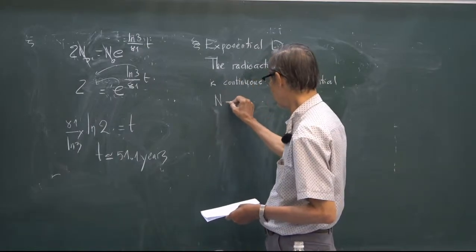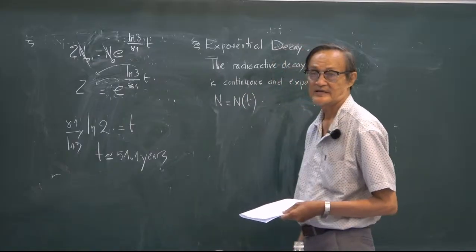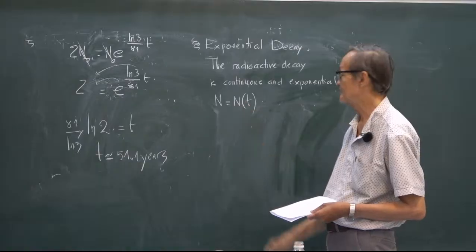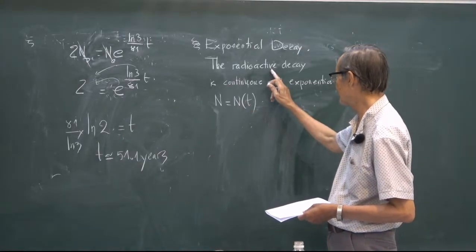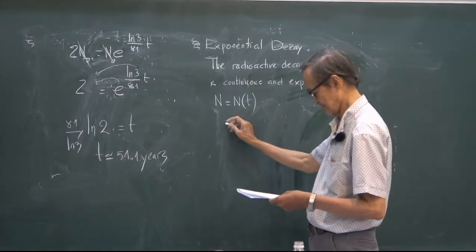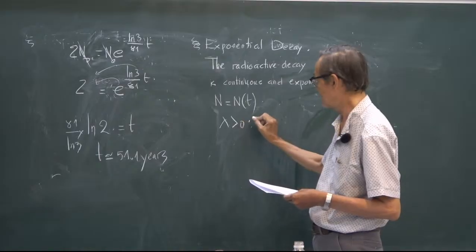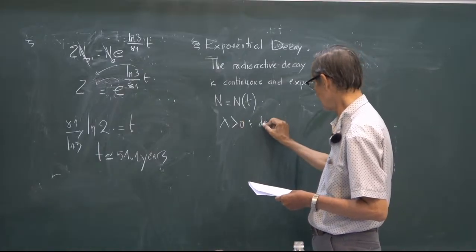N is the amount of radioactive substance at time T, and lambda is the positive decay constant.